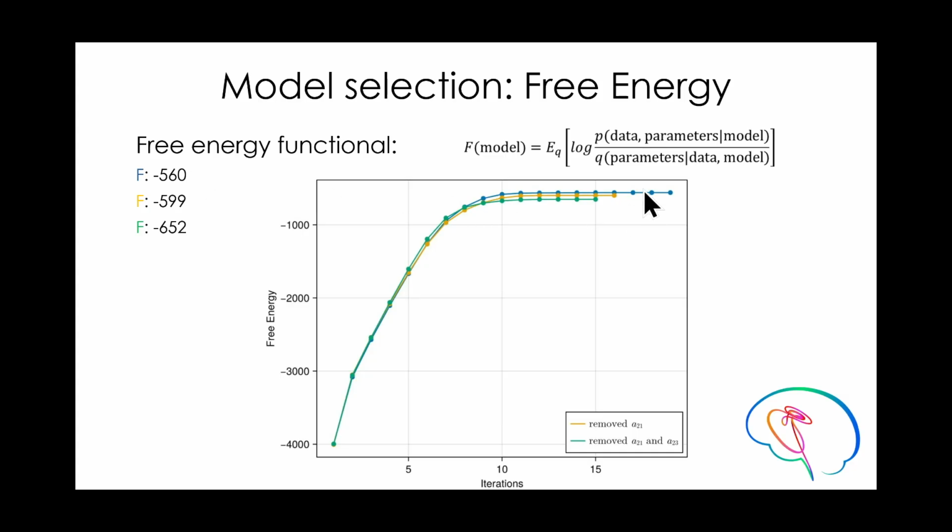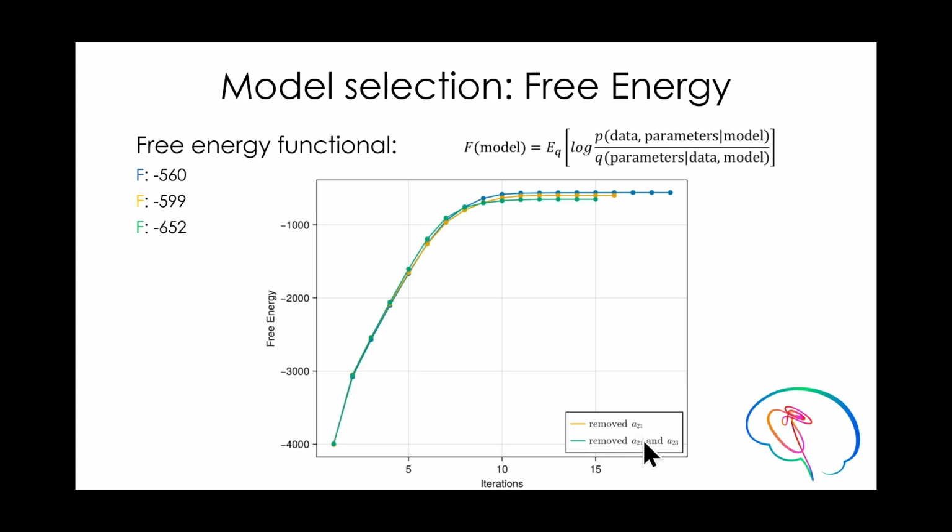So the blue line is the ground truth model, because this comes from simulated data, right? So we used the blue one to generate some data and then fit all 3. And then the orange is a version of the ground truth model with just 1 connection removed. This was a model with 3 regions, but the orange one has the connection from region 2 to region 1 removed.